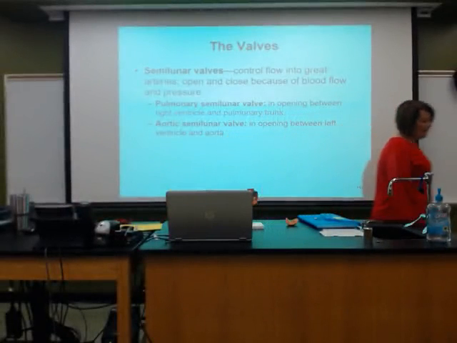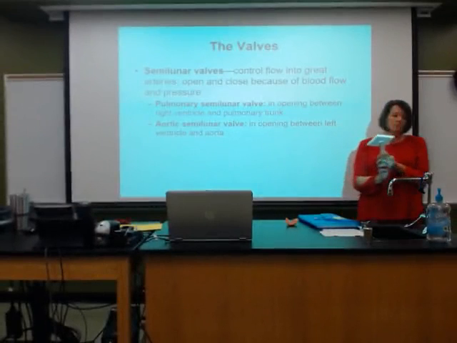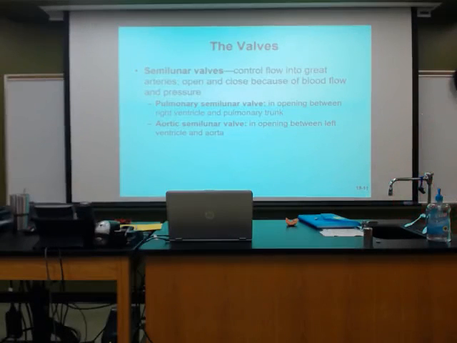Then the other valves that we're going to have are semilunar. Lunar means moon. Semi, somewhat shaped. So if we look into our heart, hold it upside down, look into the heart this way.